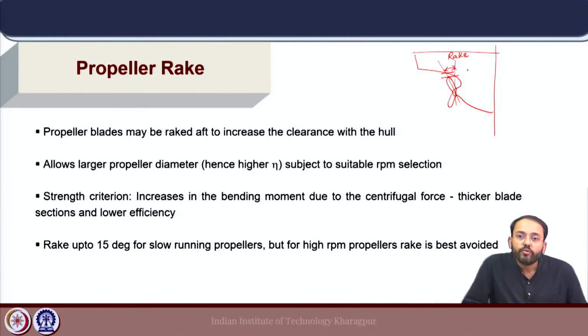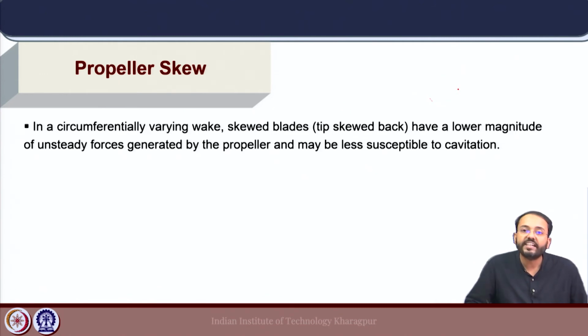Why? Due to high RPM, the centrifugal force will be high, which will lead to higher bending moment and stress, and hence the blade sections to be designed for those conditions will be thicker, and that will lead to lower efficiency.